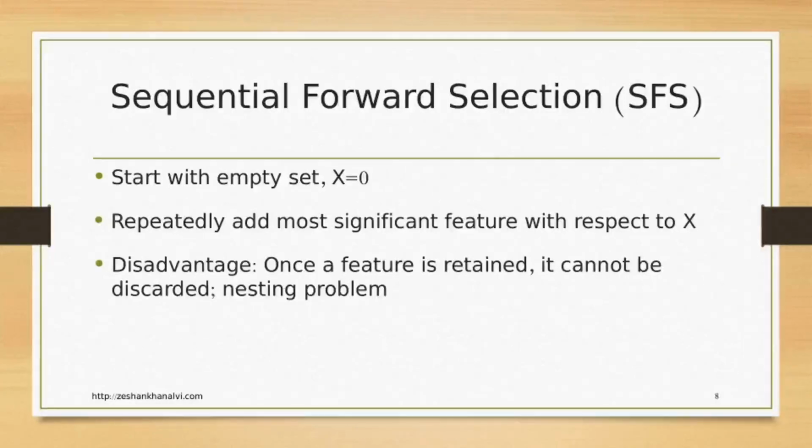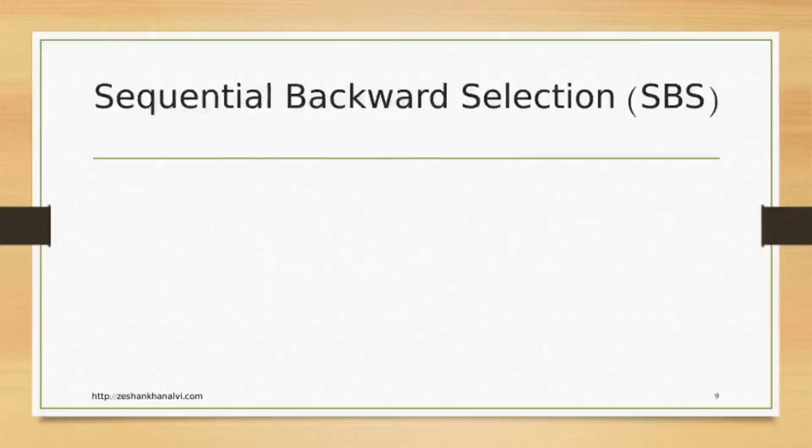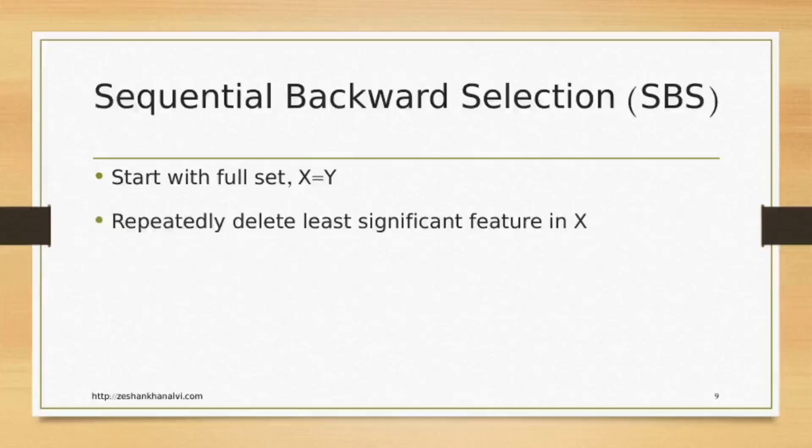But this problem can be solved with the sequential backward search. In this, we start with the full set of features and remove the worst feature one by one, iteratively. But here we have another issue.